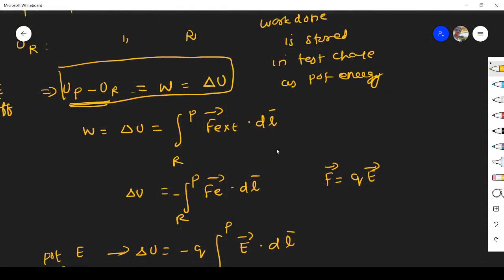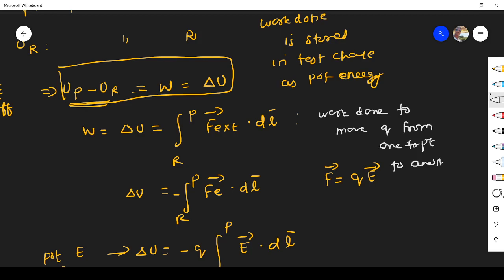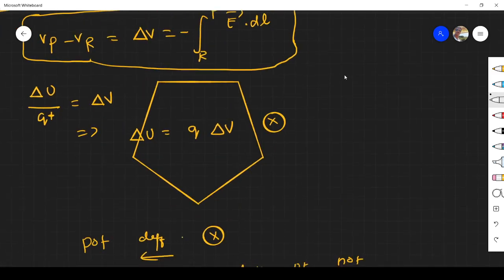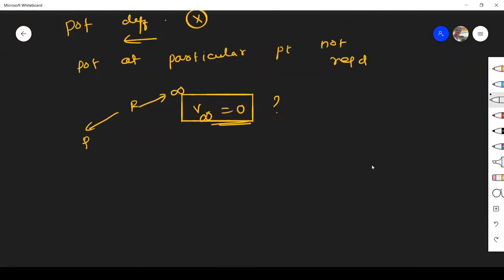This is your potential difference, del U. Whereas potential is the work done to move a charge from infinity to one point. So that is very important.